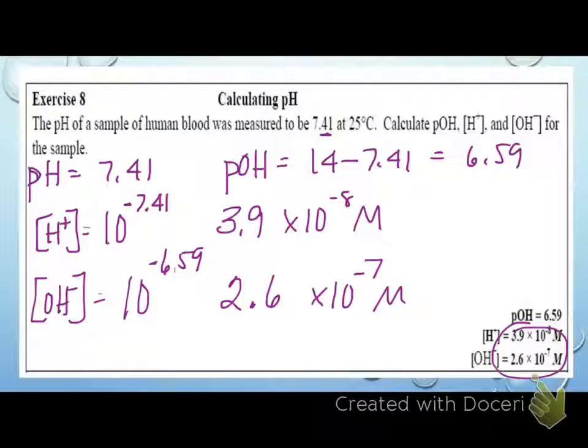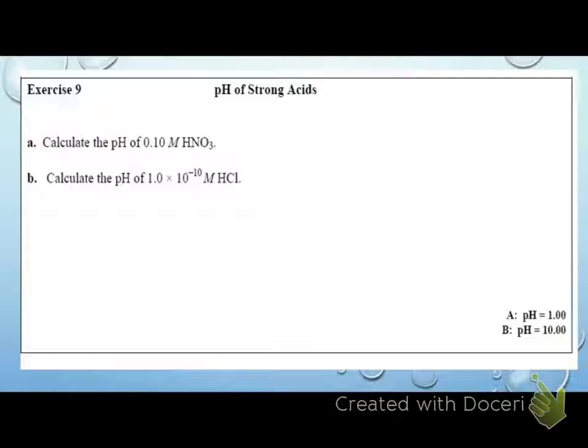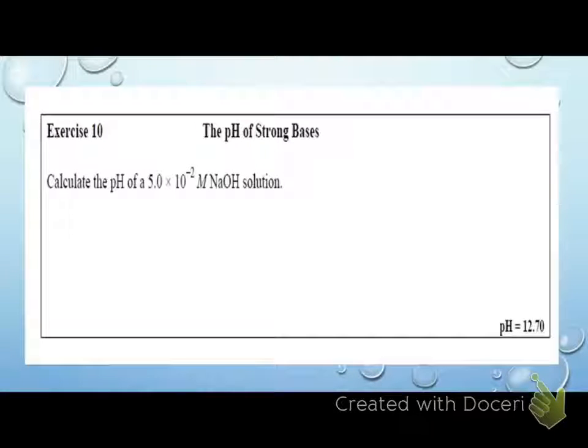Okay, so straightforward enough. I'm not going to do exercise 9 because you guys can do that. Let's do the exercise 10 though. Does everybody have this before I go on? Okay. That's pretty straightforward for strong acids, but let's just do one for strong bases. We are going to take the negative log, because this is going to give us pOH because we're dealing with hydroxide.